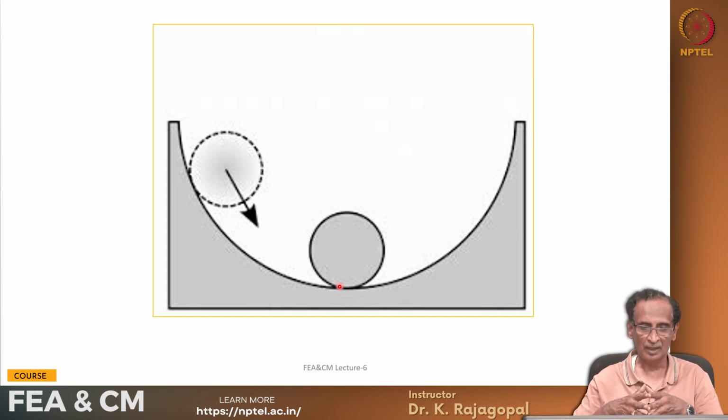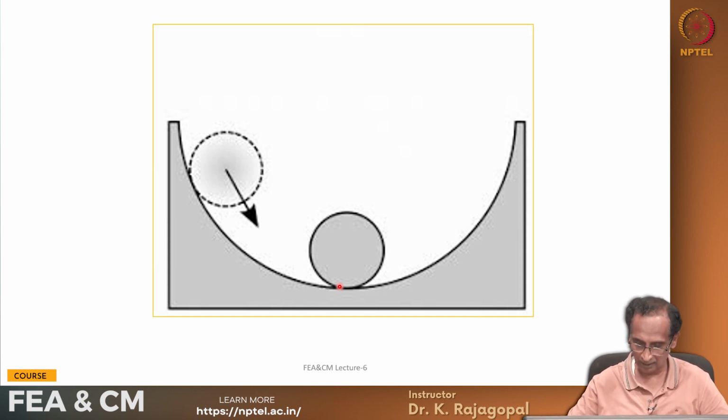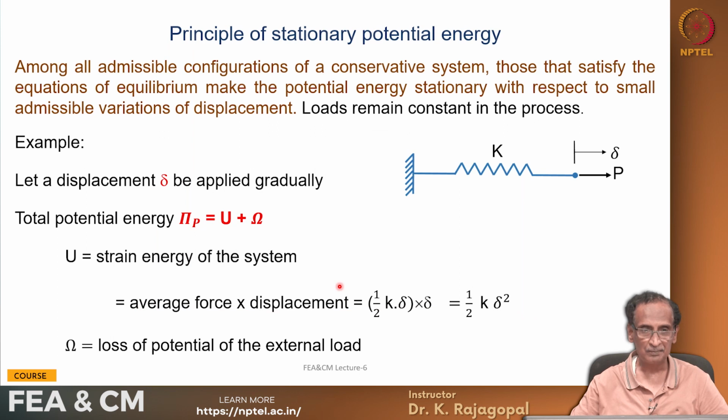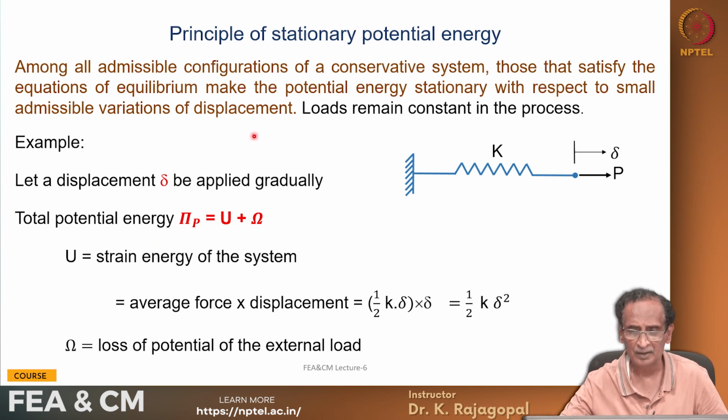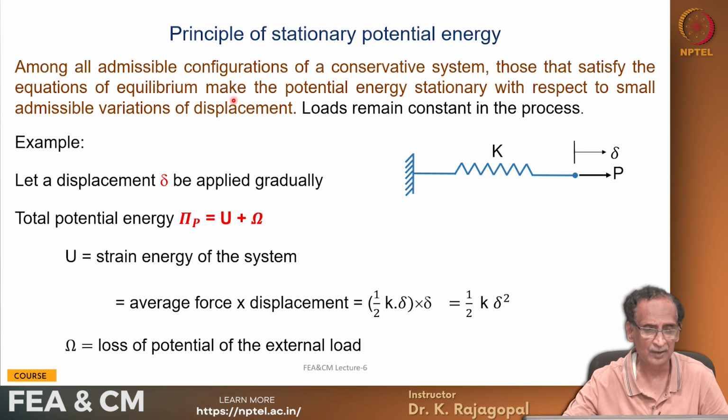Okay? And that is what is meant by the statement when we say that among all the admissible deformation states, those that satisfy the equations of equilibrium make the potential energy stationary.